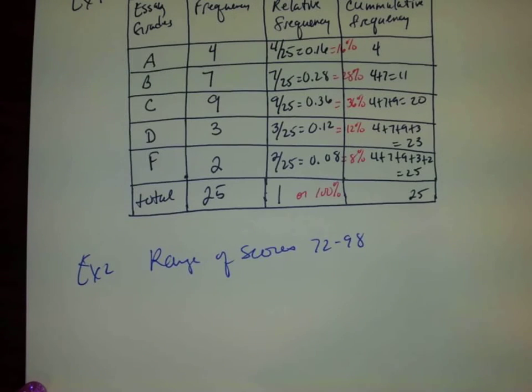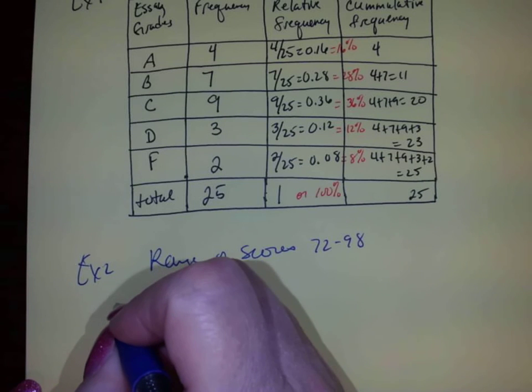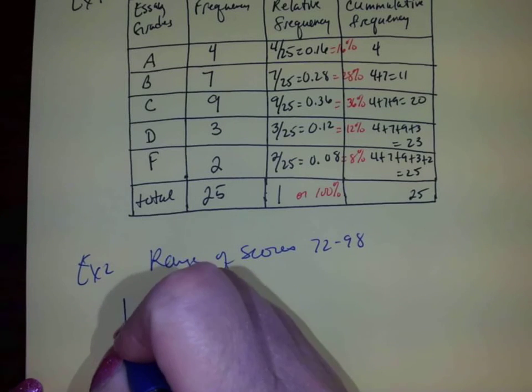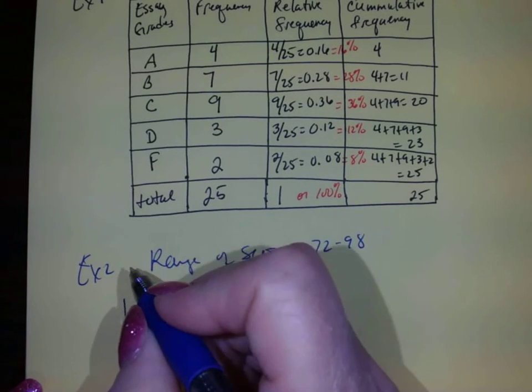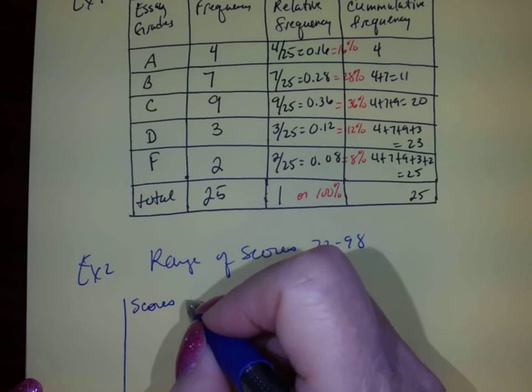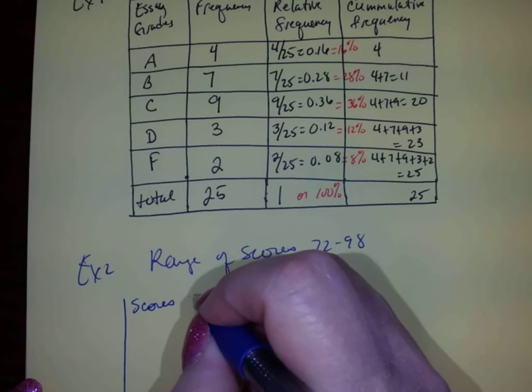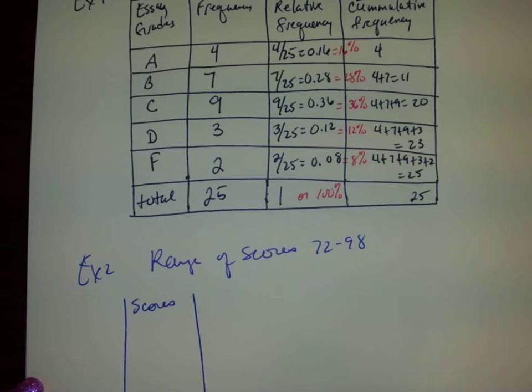So we're going to do something similar to what we just did, except I'm going to make it a little bit bigger so I have space to write everything out a little bit better. All right. So this one, we're going to have scores, and this will be the bins that we'll have. We're not going to do the individual scores.